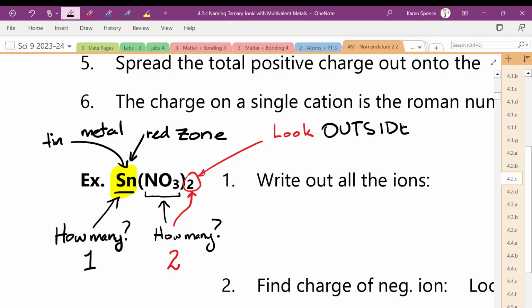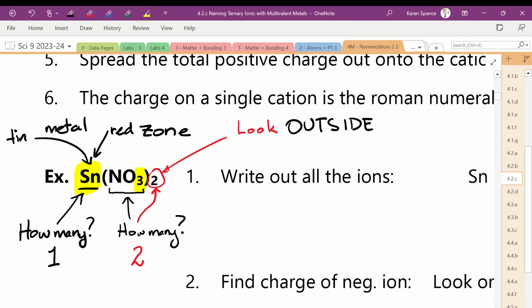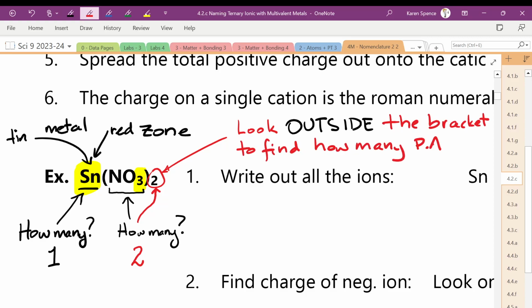Some people are tempted to say that there are 3 because they see the little 3 here, but it's not 3. We're going to look outside the brackets to find how many polyatomic ions.